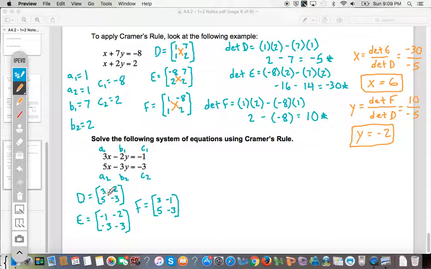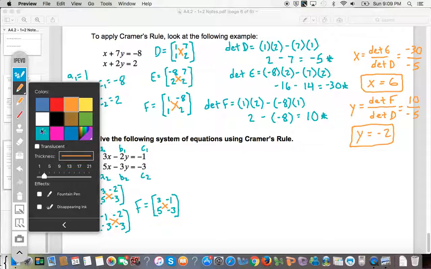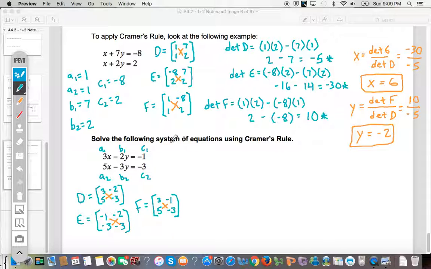Okay, so again, I kind of do this cross multiplying thing and subtract them. So I'll do D first. So determinant of D equals, I have 3 times -3 minus -2 times 5.